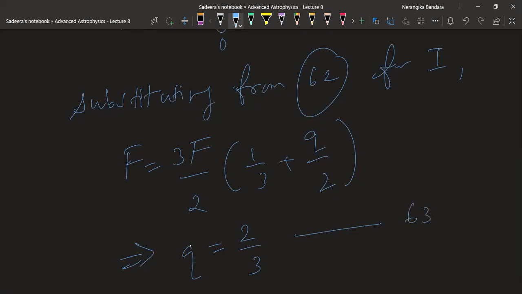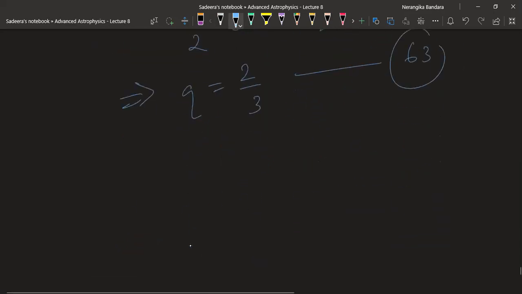Let's call this our 63. Not an equation per se, but a result for q.